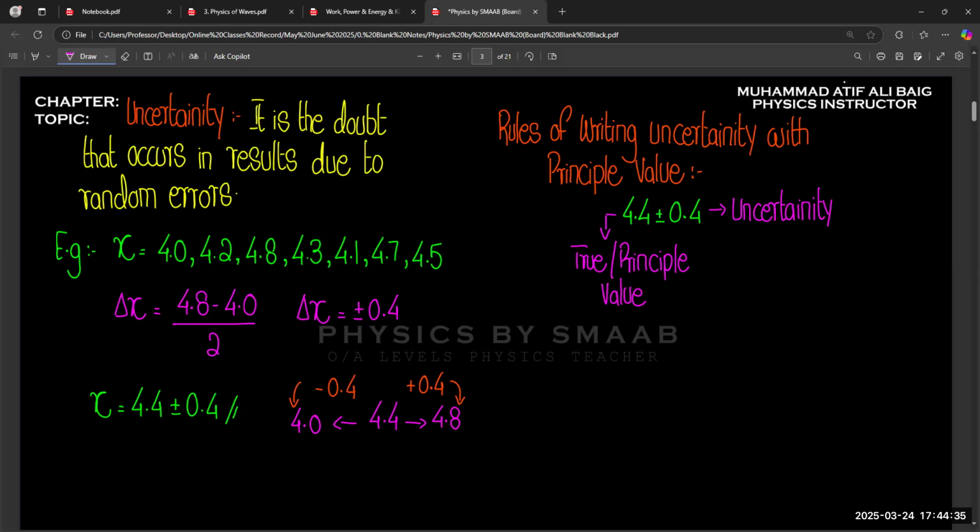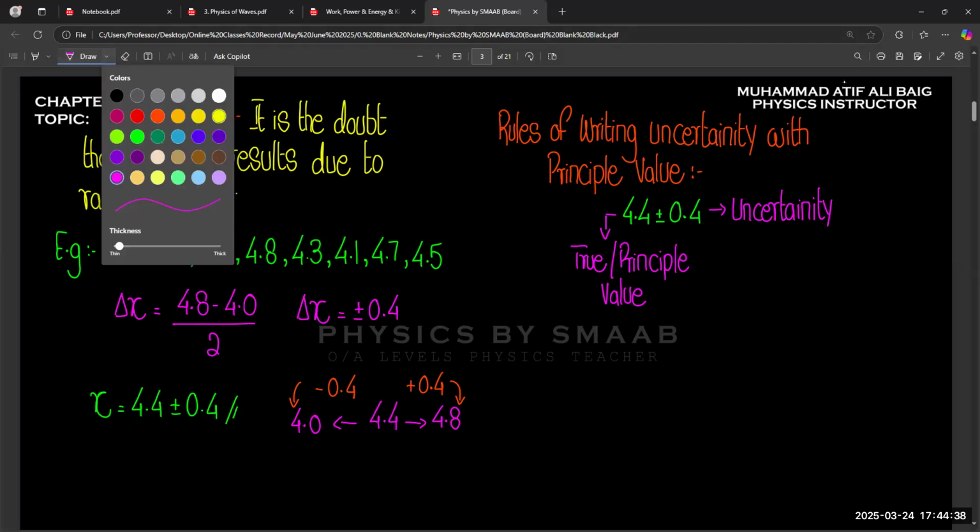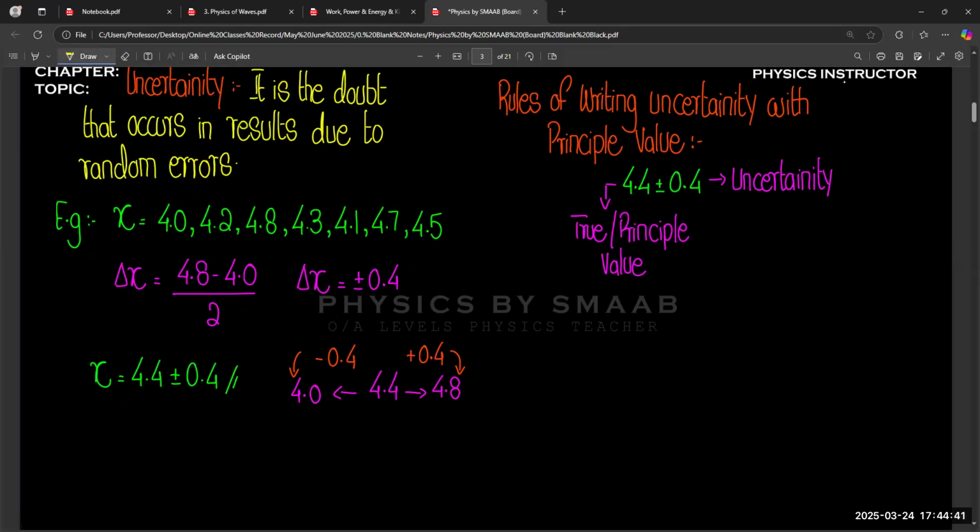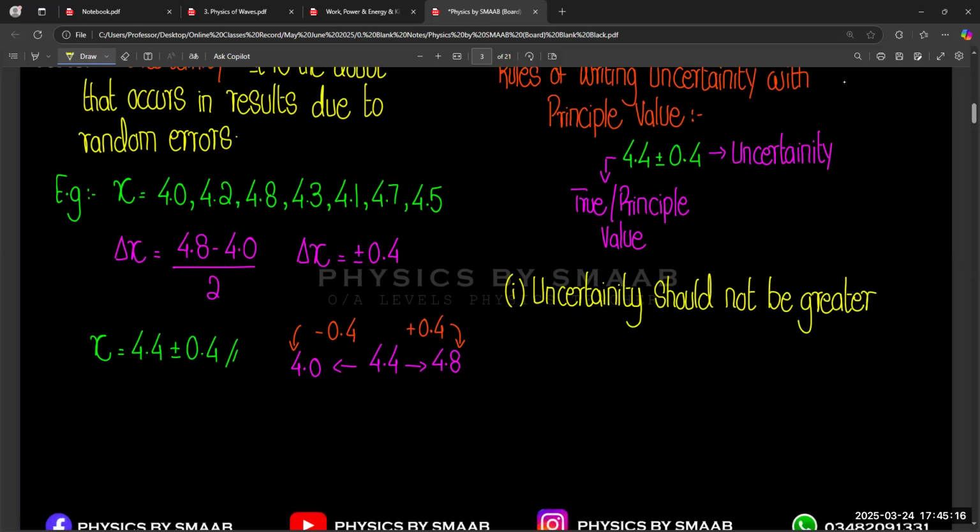So the first important rule that we need to keep in mind when writing the uncertainty is that the value of uncertainty should not be greater than the principal value. So this is the first important point, that your uncertainty value should not be greater than the principal value.